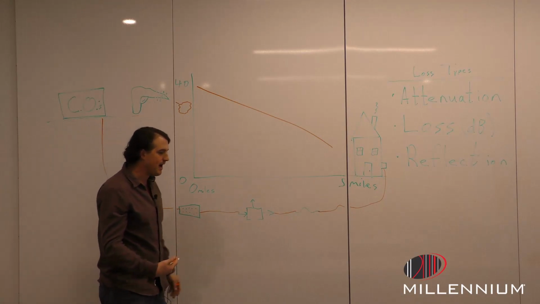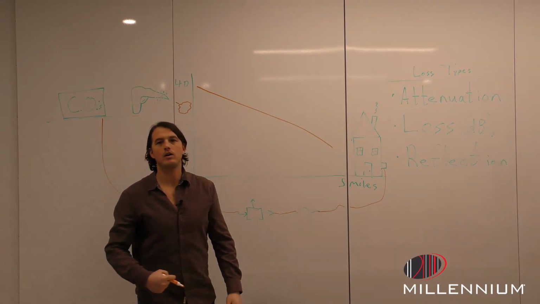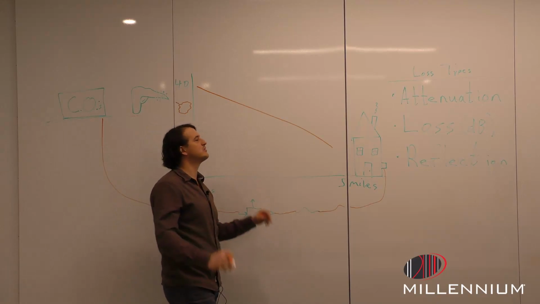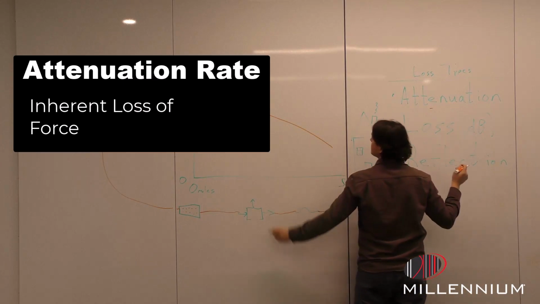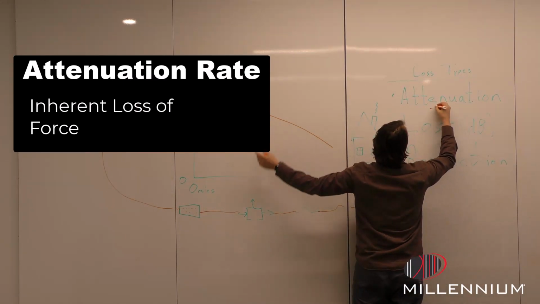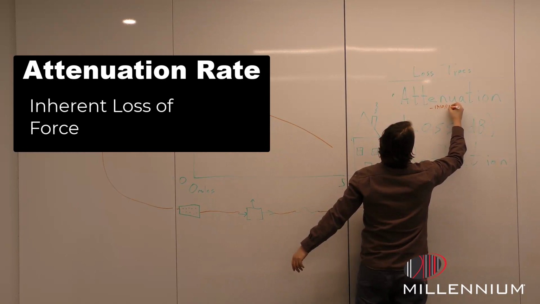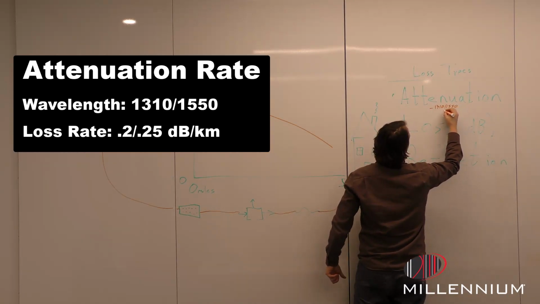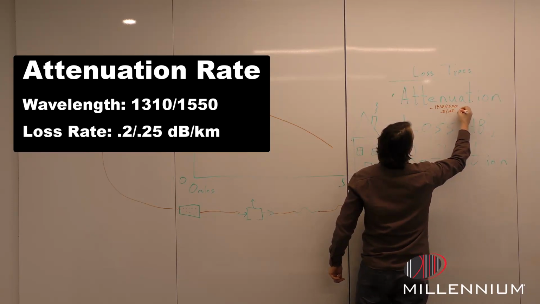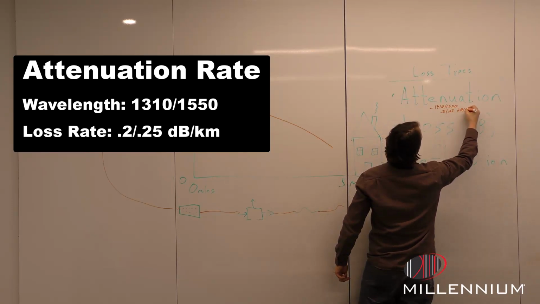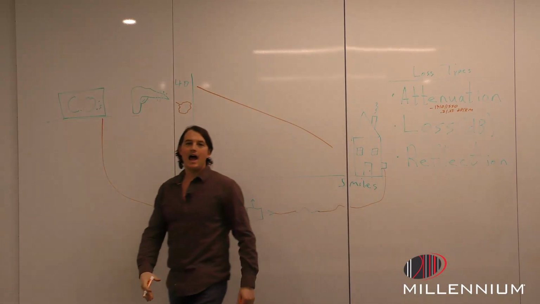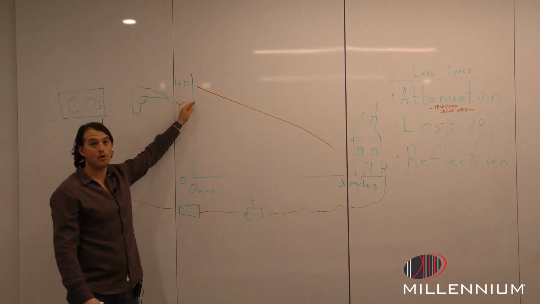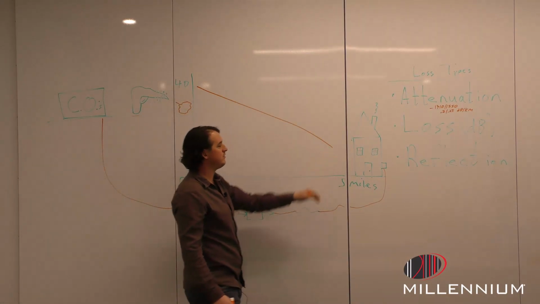When you look at specs, somebody might say, hey, I want Corning glass, SMF 28, whatever spec. When you go look at what the attenuation rate is, that's the inherent loss involved with it. It'll say 1310, 1550, and the loss might be 0.2/0.25 dB per kilometer. So basically it's giving us a rate of how much light or power it's going to lose as we travel.